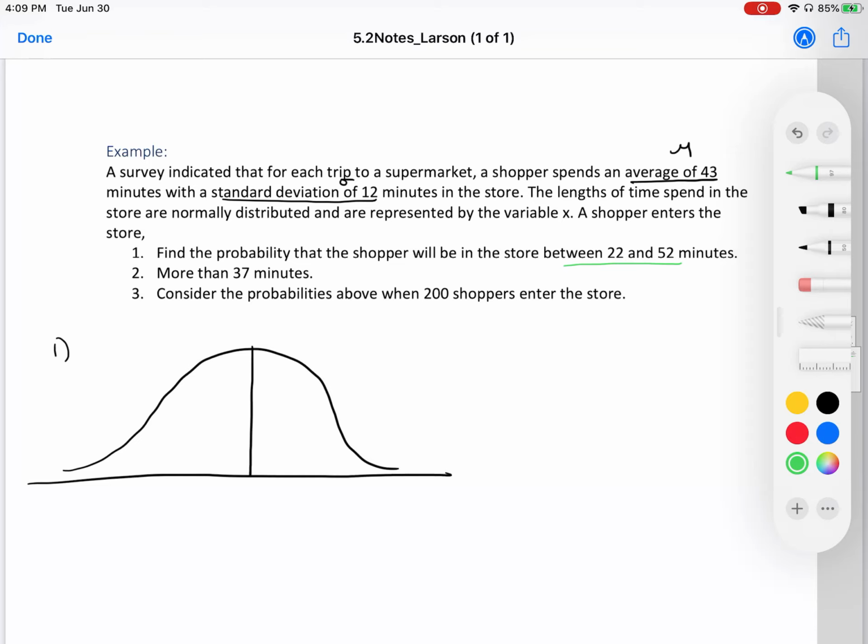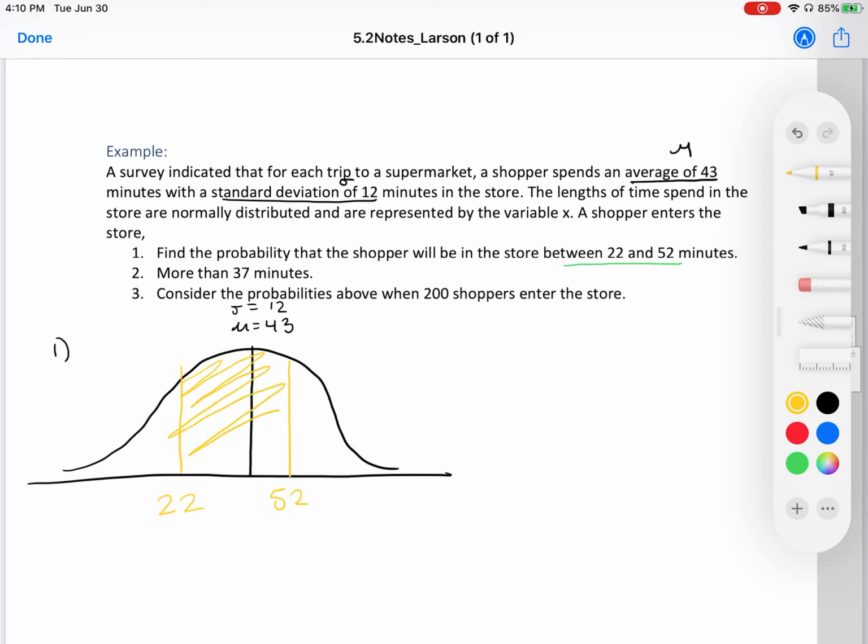So we have an average of 43, and we want to keep in mind that our standard deviation is 12. All right, we want between 52 and 22. Now again, it's not up to scale. We just want to have an idea what we're looking at.